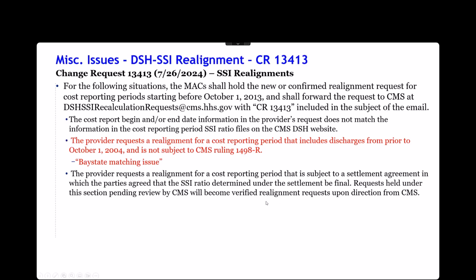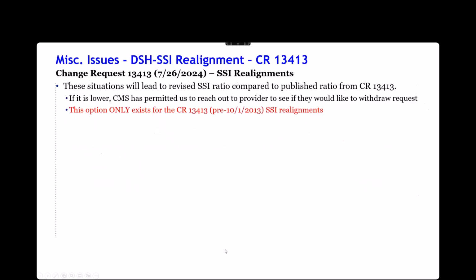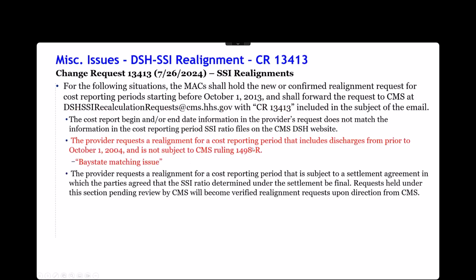For most realignments, and I stress the word most there, for the standard SSI realignments, the rule has always been that once you request it, you're locked into it. However, CMS, after recent conversation with them, has made an exception for this particular situation, the pre-10/1/04 discharges not subject to the ruling.